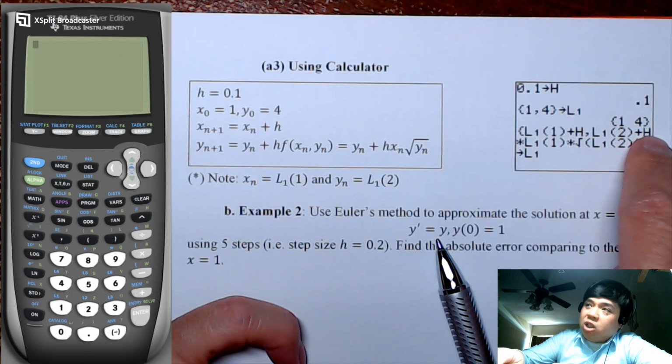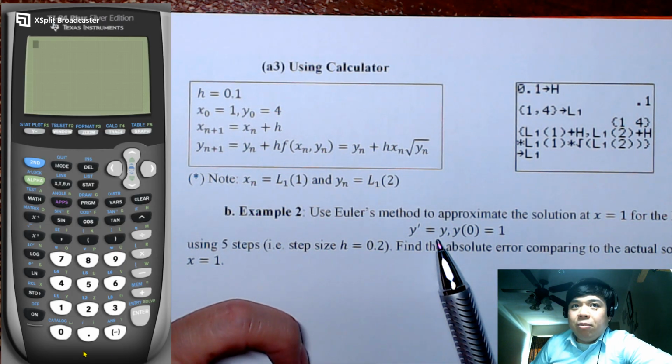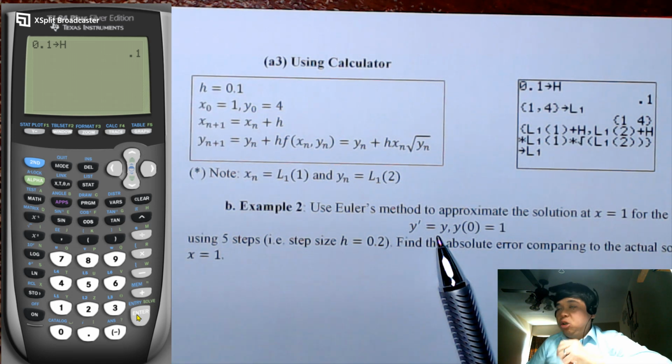It will not show the dot dot dot, so at least you see everything you type. The store button is this button, store into h, alpha then hat. So that means h equal to 0.1. That is the initial step.